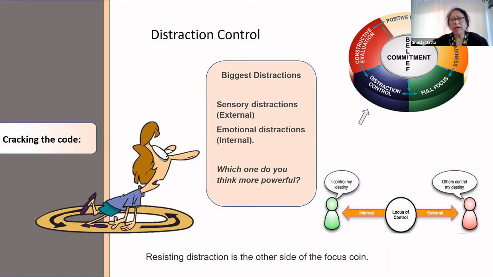Now, when I allow others to control me, I'm exposing myself to the external locus of control. So the purpose is to have as much internal locus of control as possible. Then we can control whatever distractions are there, and we can focus fully on what we are doing, and that's the way we can excel. Full focus is really important, and for that we have to control our distraction.